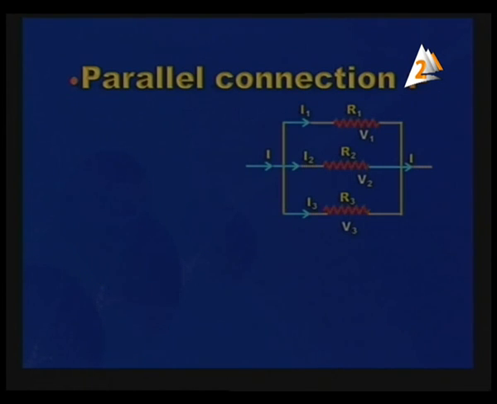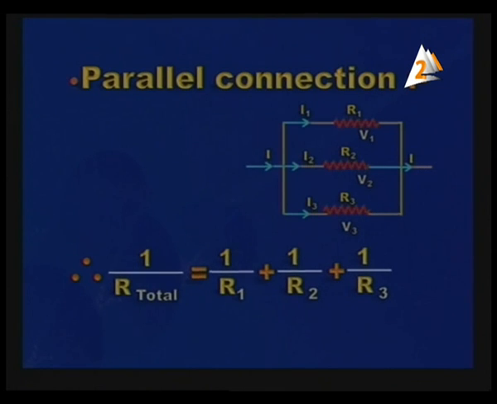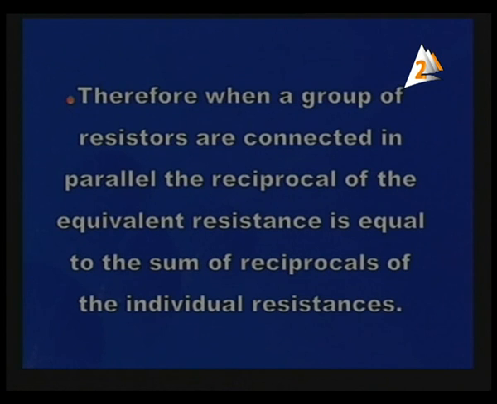V will be crossed out, so we can say 1 over R total is equal to 1 over R1 plus 1 over R2 plus 1 over R3. Therefore, when a group of resistors are connected in parallel, the reciprocal of the equivalent resistance is equal to the sum of reciprocals of the individual resistances.